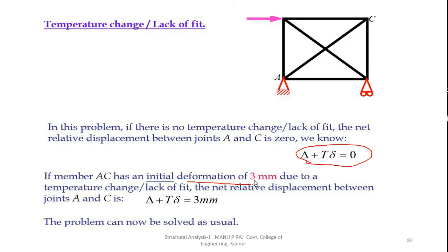Now if there is a change in dimension, a net movement of 3 mm, then net deflection equals 3 mm. So the compatibility equation will be delta plus FAC into small delta, deflection due to this force, equal to 3 mm. So if there is temperature change and change in dimension, the net deflection is 3 mm, and if there is no temperature change, the net deflection is 0.